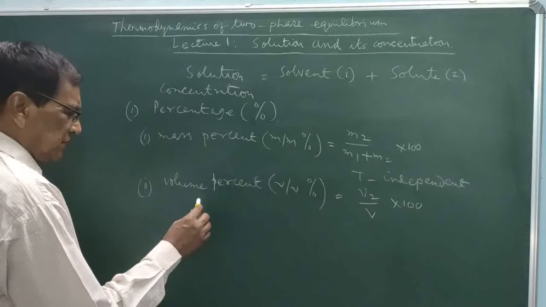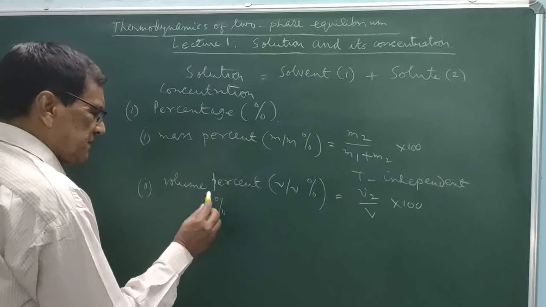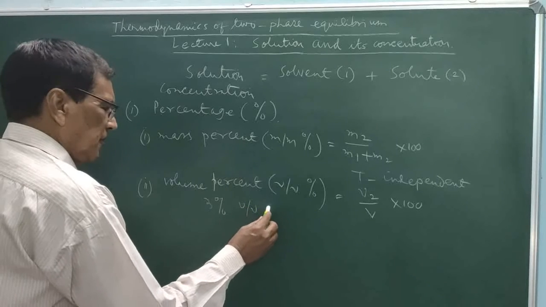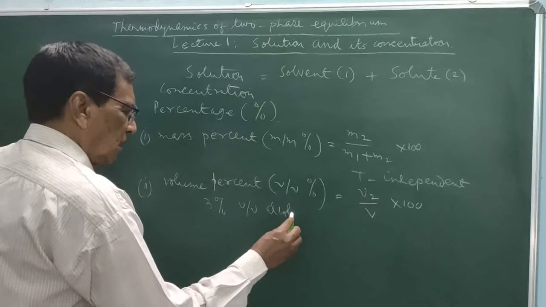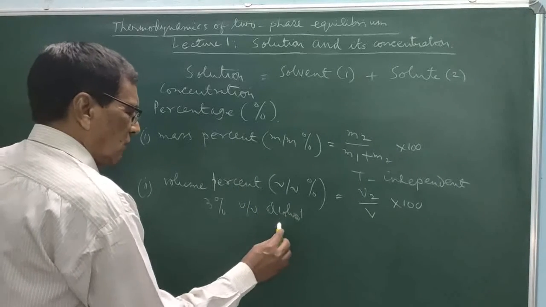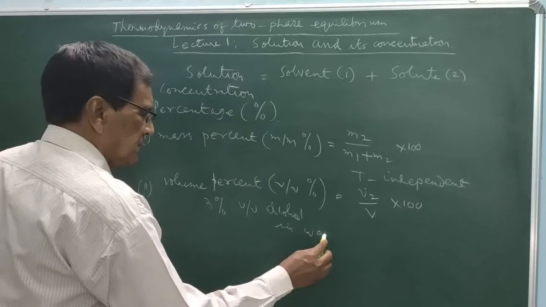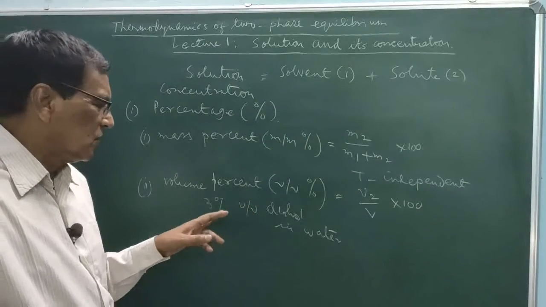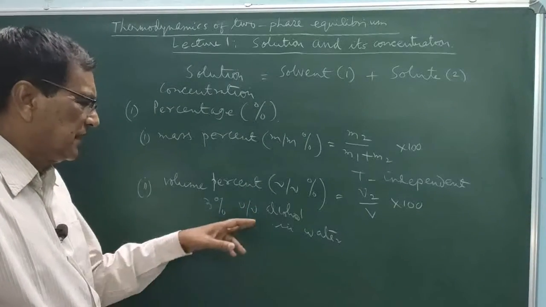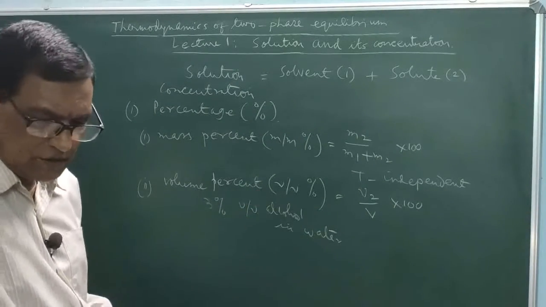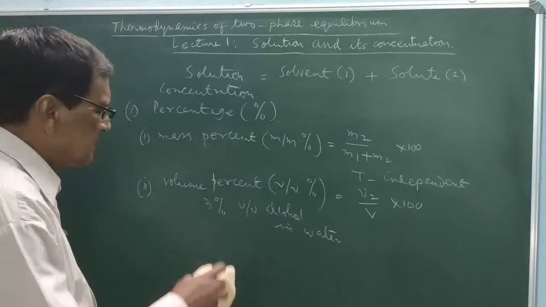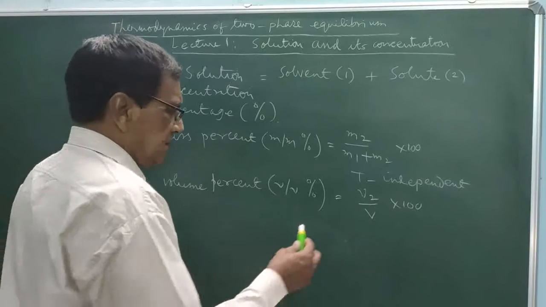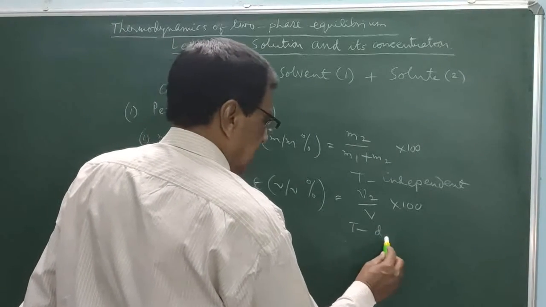Suppose we consider 3% volume by volume alcohol in water, it means that 3 cc of alcohol is dissolved in 100 cc of the solution, and this volume percent is temperature dependent.